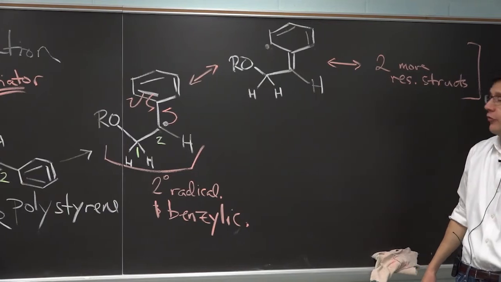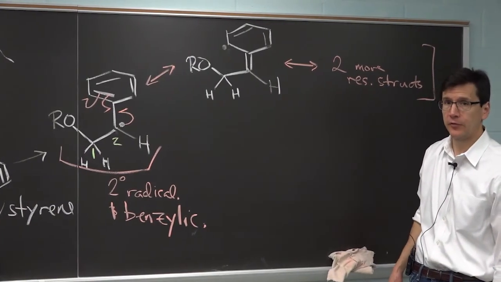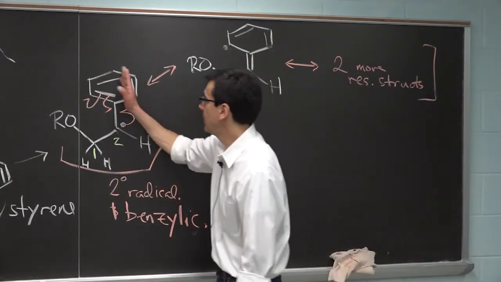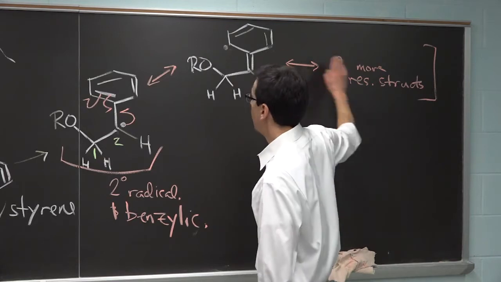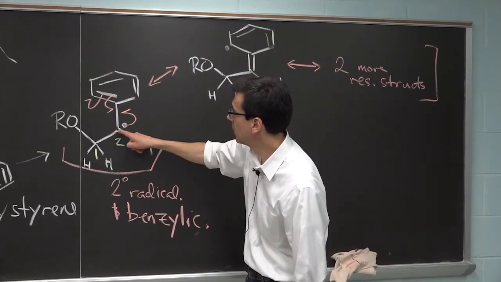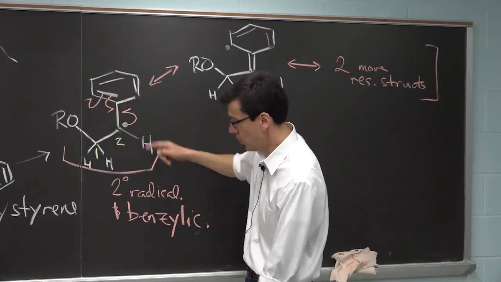All right? So a benzylic radical really is a pretty good radical as far as radicals are concerned. Well, now I have this benzylic radical. It does have these other resonance contributors, but most of the dot is localized on carbon 2 because that allows you to preserve the benzene core.